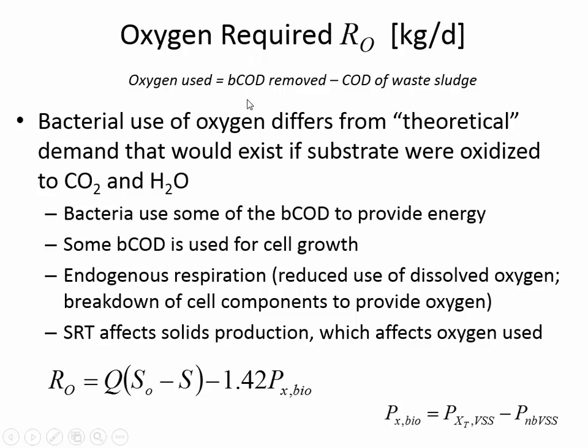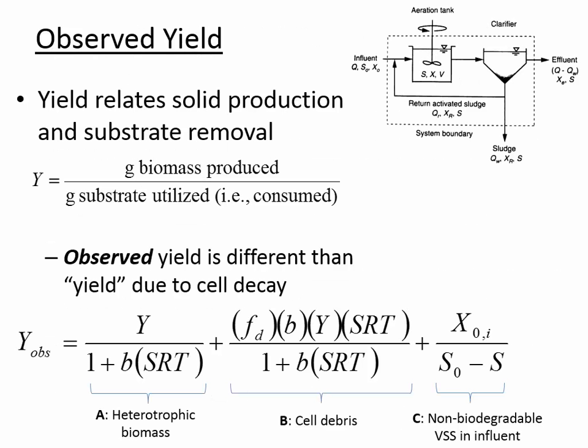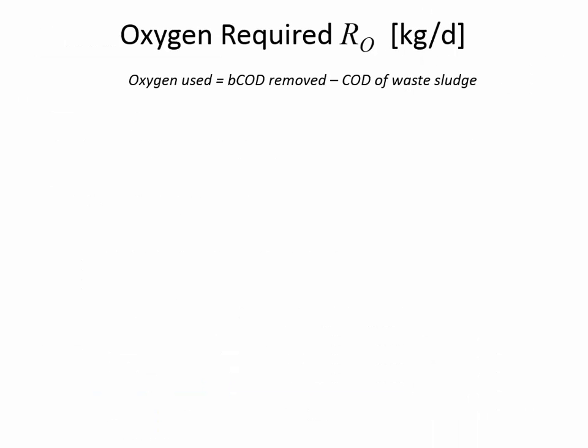So removed is the difference between in and out. But then there's also the COD of the waste sludge that we have to account for. If we go back to this, there is going to be some discharge of oxygen demand in the underflow sludge, and so that's another term that we subtract.